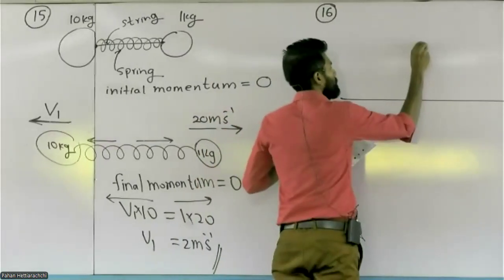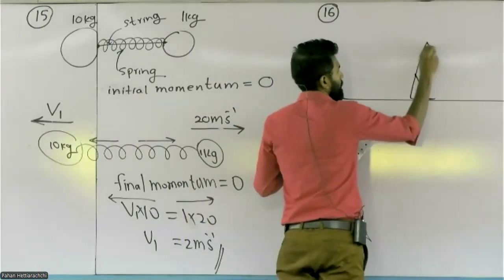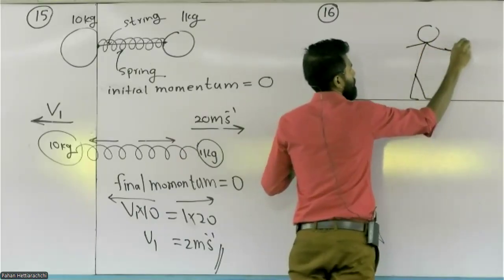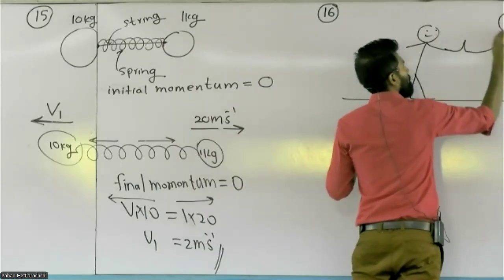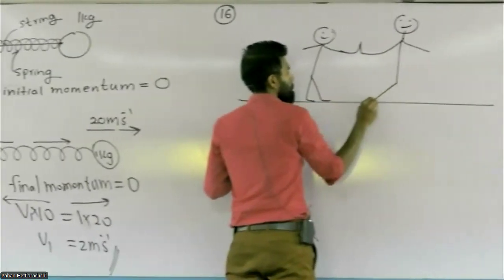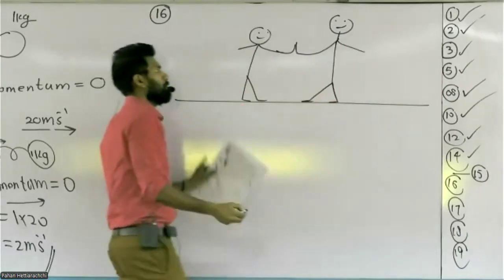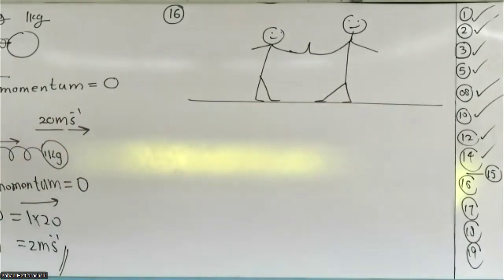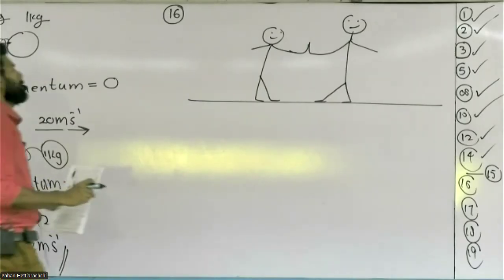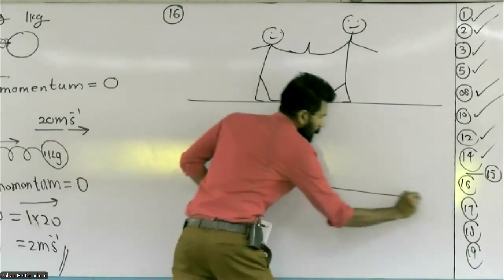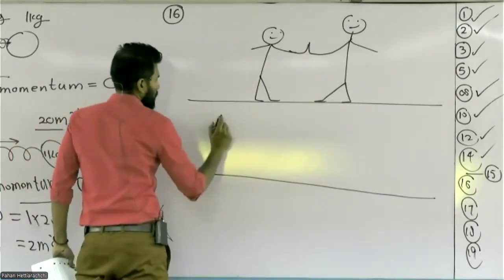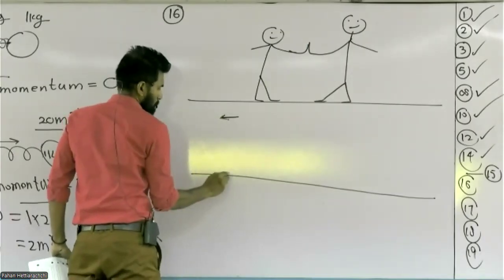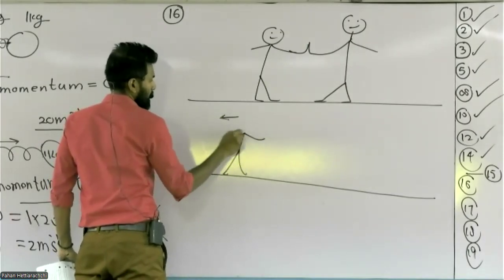There are two boys. Initially, they are touching each other's hand. Then what will happen? They will push each other, and this one is moving in this direction. I will draw it as the second picture.